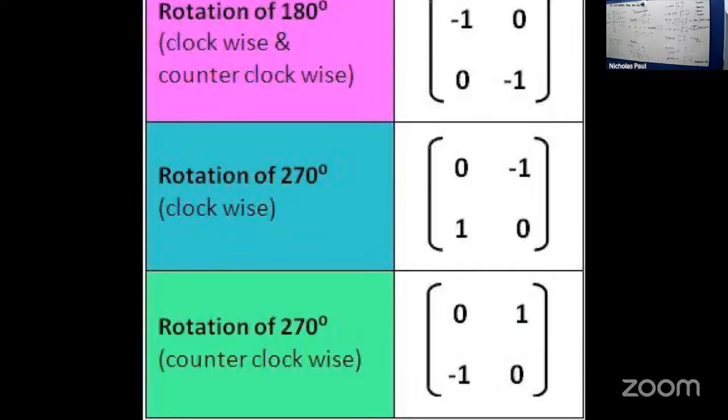Technically, how many do we have to learn? We have 3 here and we have 4 here: 1, 2, 3, 4. You also have to learn the scale factor. So you have to know the matrices. In recent years, I've seen them given and you have to know what they represent. For example, you might see 0, minus 1, 1, 0, and you have to know what it represents.